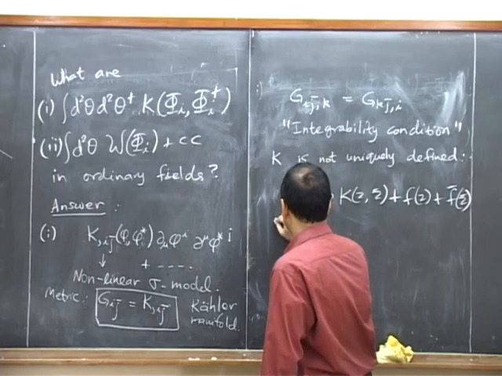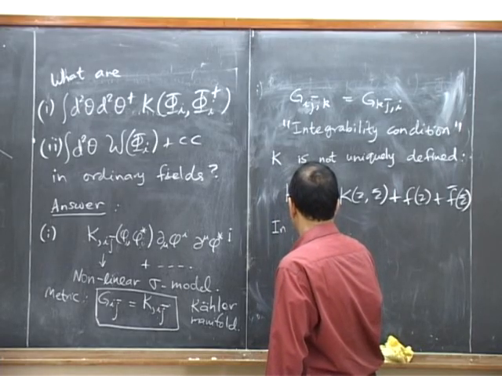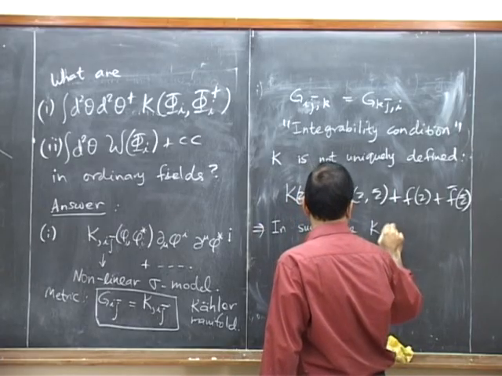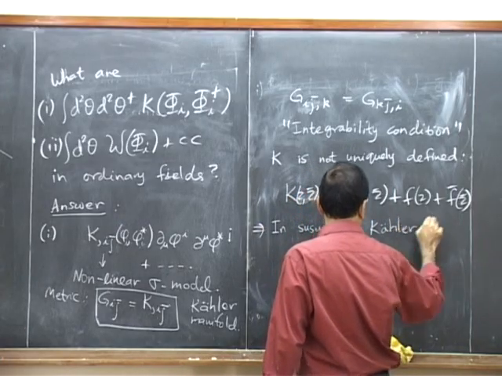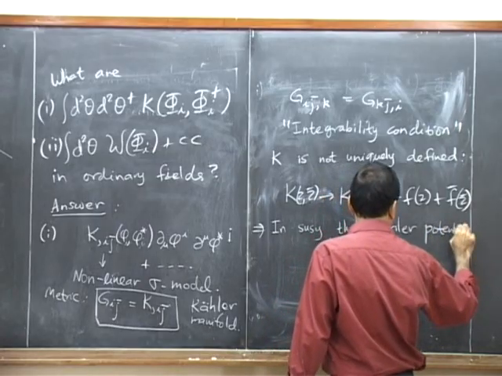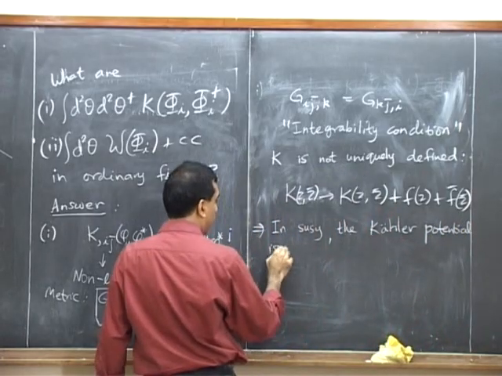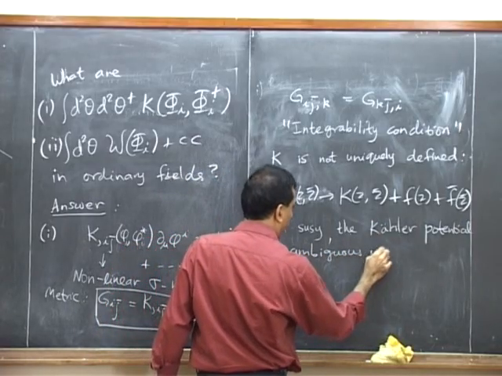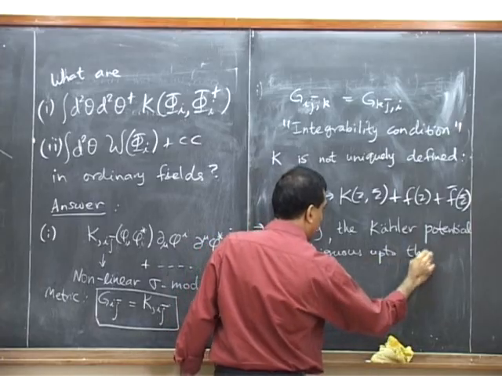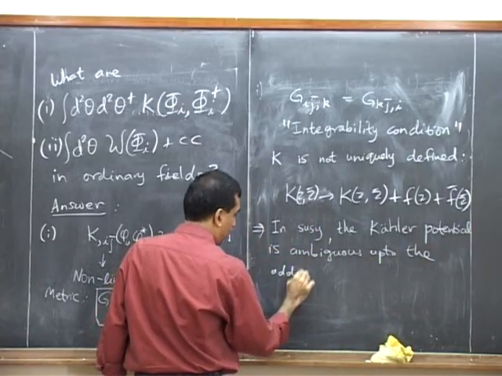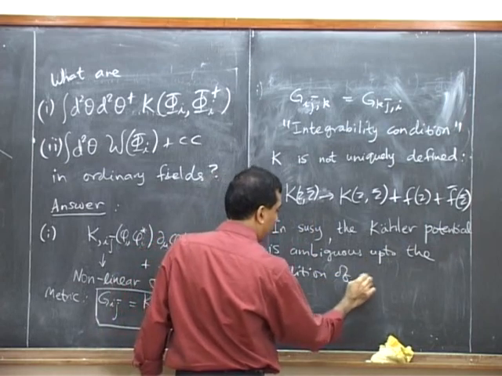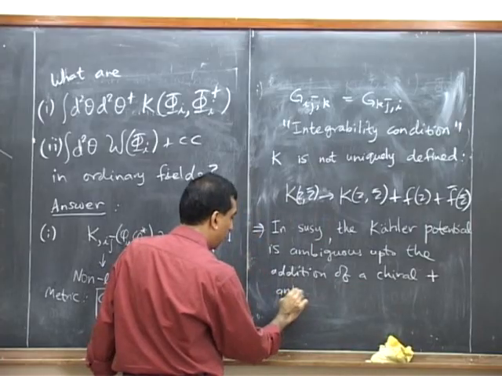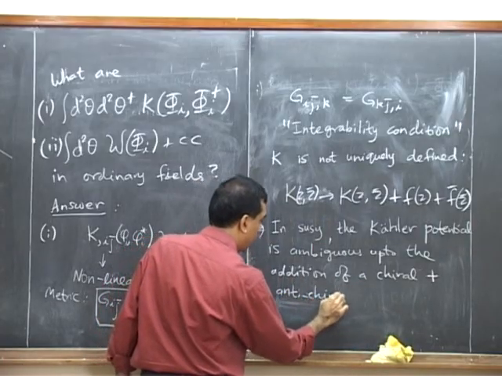So that means that in the supersymmetric theory, the scalar potential is ambiguous or undefined up to the addition of a chiral plus anti-chiral superfield.